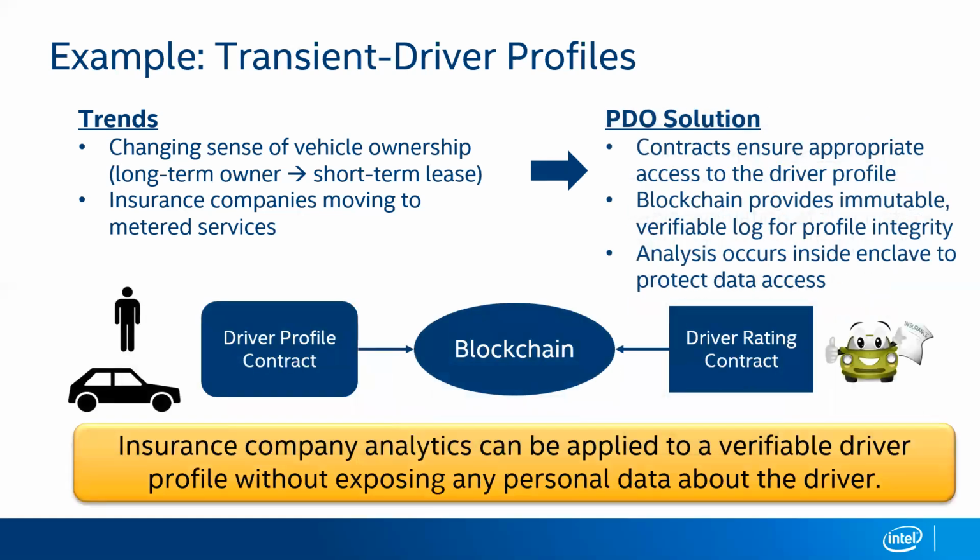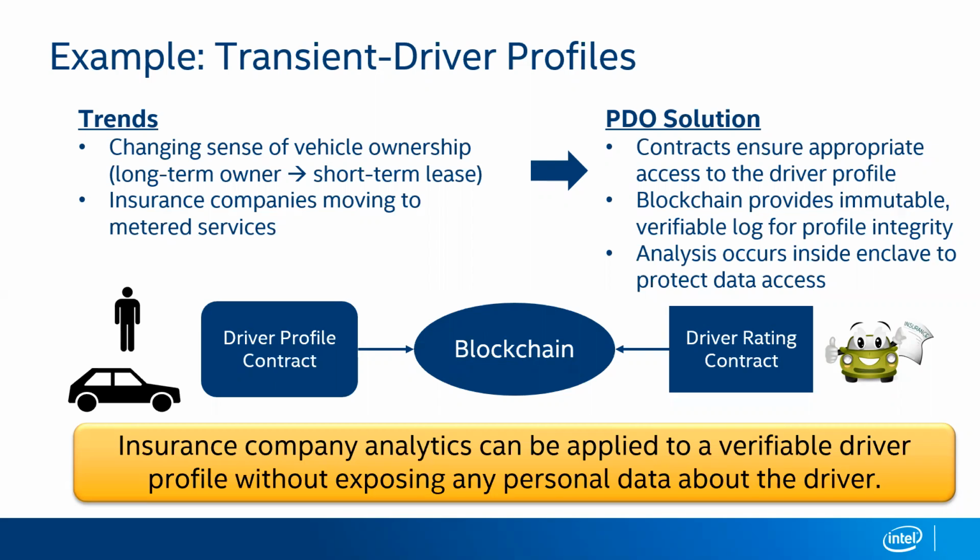And what the PDOs allow us to do is to create these contracts where we can verify the integrity of the car that's generating the information. We can verify its connection to the driver. All of that data about the trips that the driver makes, no matter what car they're in, can go into their profile.